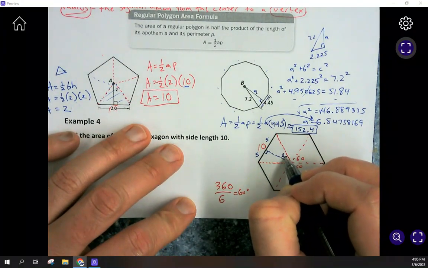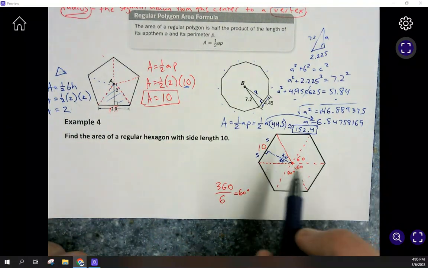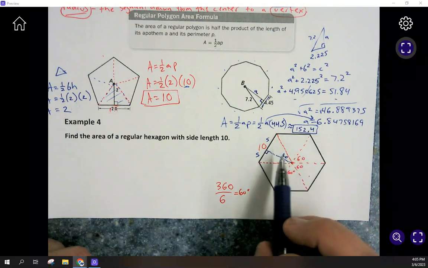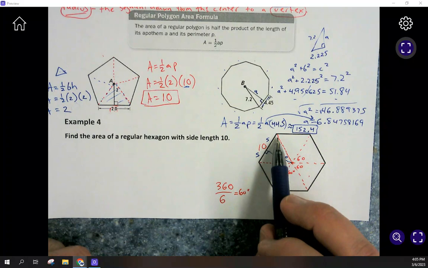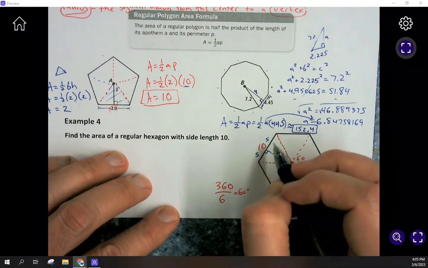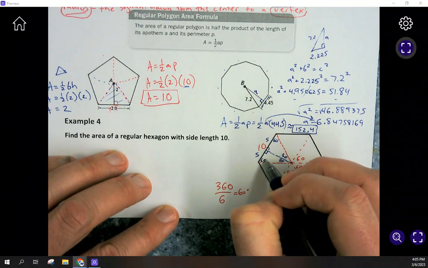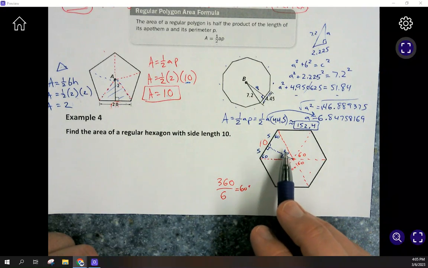So I'm going to get a 30 and a 30. These little triangles, when we cut this all up, they're going to be nice little equilateral triangles. All of these angles are going to be 60. Now we already know once we've got 30 and 30 right here, and this is 90, we know that these are 60. Okay, so it's a 60, 60. This whole angle would be 60.